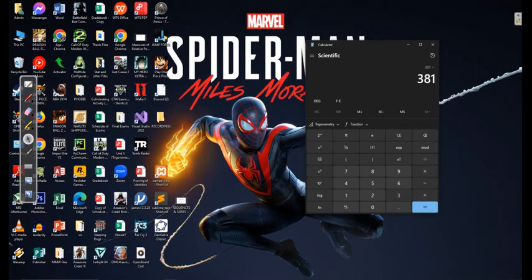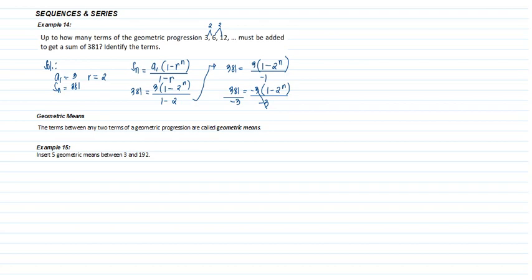Bakit nag-ano siya? 381 divided by 3 na lang, which is 127. So that's going to be negative 127. And then equal to 1 minus 2 raised to n.